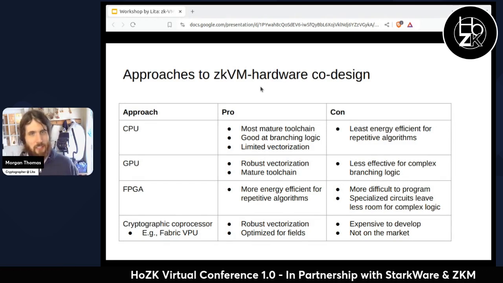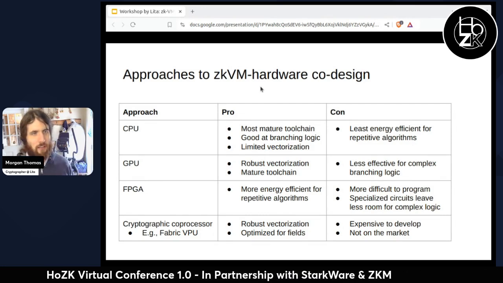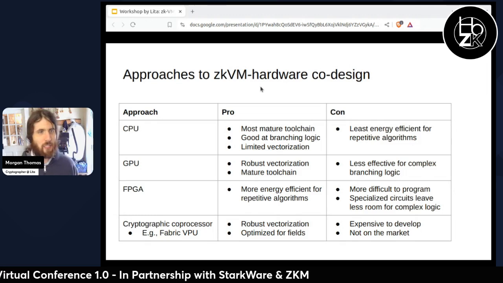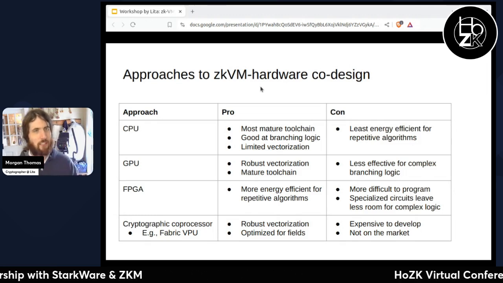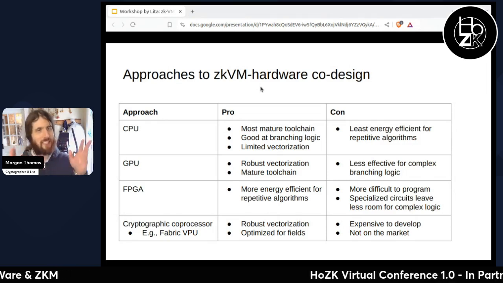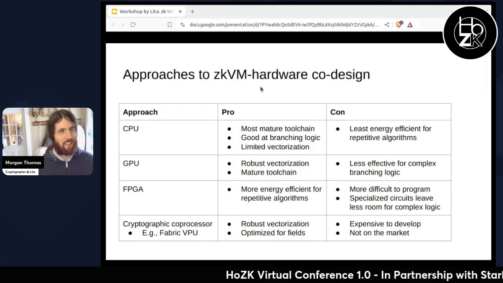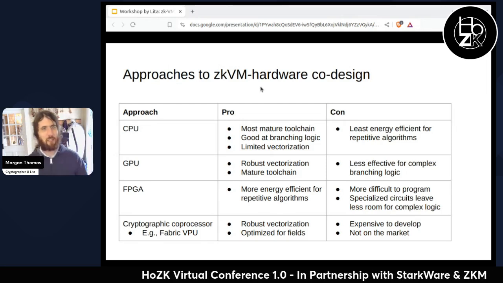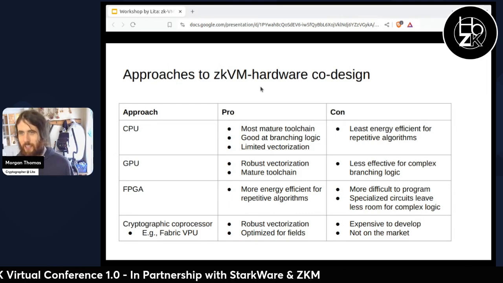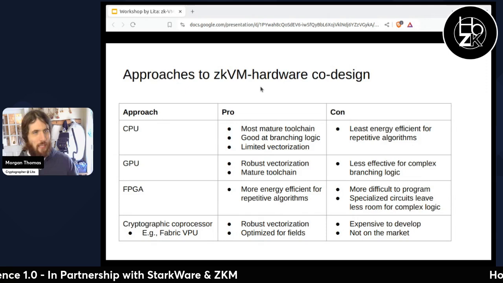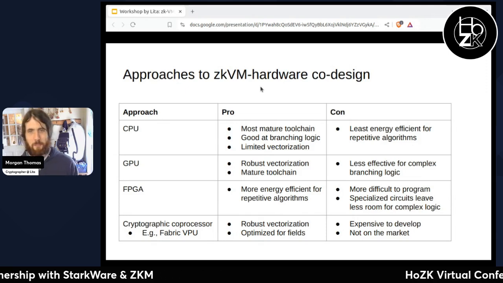They're very good at executing complex logic with a lot of branching. Recent CPUs also have some ability to work with vectors. They have SIMD, single instruction, multiple data opcodes in them, and you can use those to deal with some small vectors. That's helpful when working with cryptography.